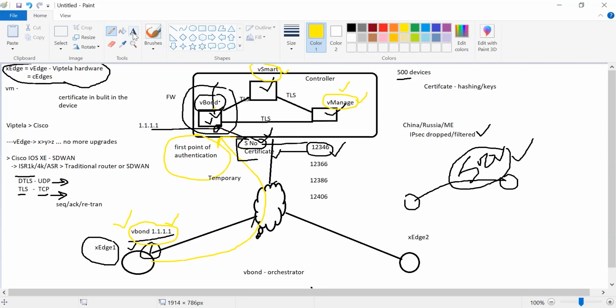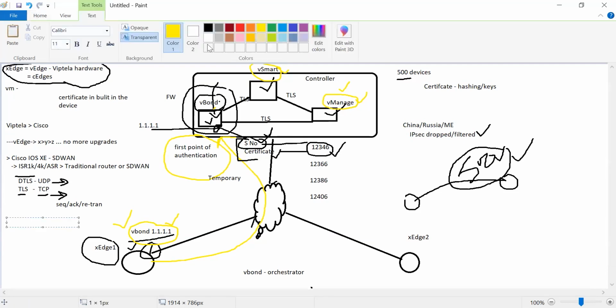Now xEdge would know that, let's suppose, 111 is the serial number for vSmart, 222 is the serial number for vManage, plus the IP addresses of vSmart and vManage. Now, what would happen?